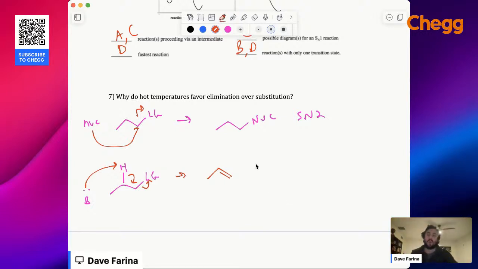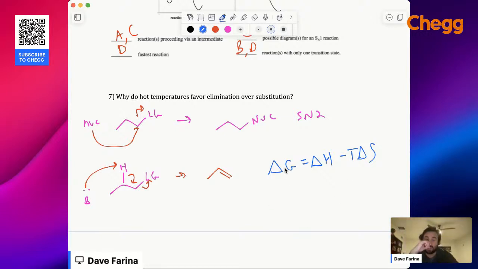So why would a hot temperature favor elimination over substitution? So this is the important equation, the Gibbs free energy equation. Delta G is the change in Gibbs free energy. It determines the spontaneity of a reaction. So if delta G is negative, it is spontaneous or exergonic.